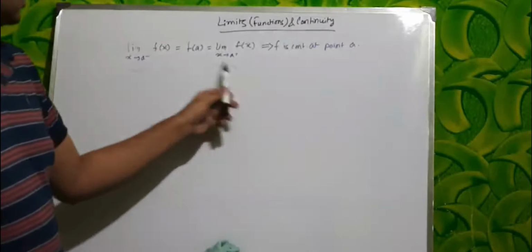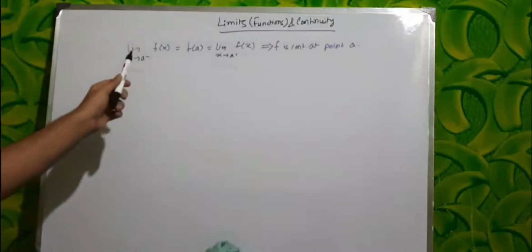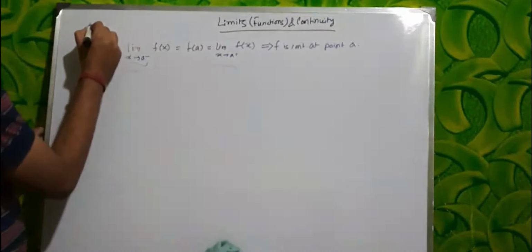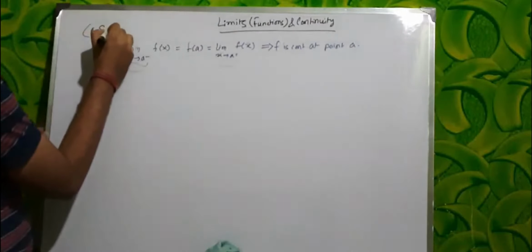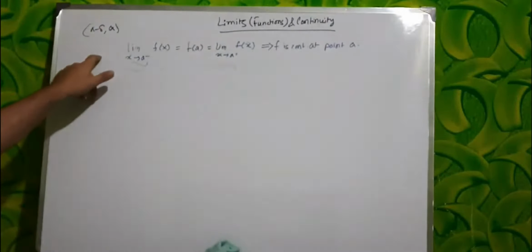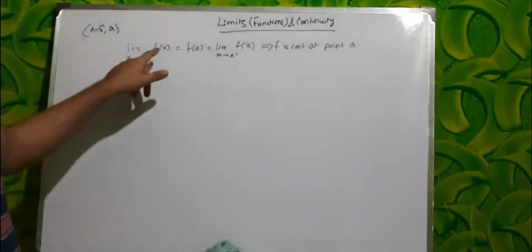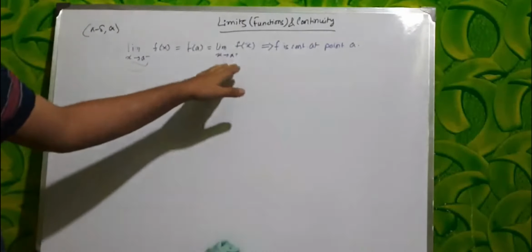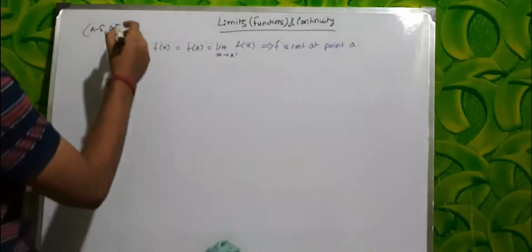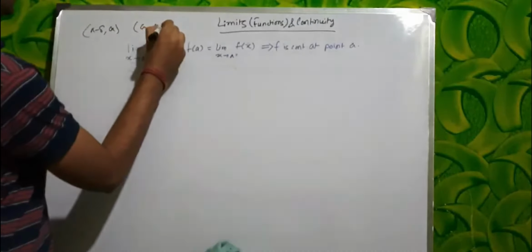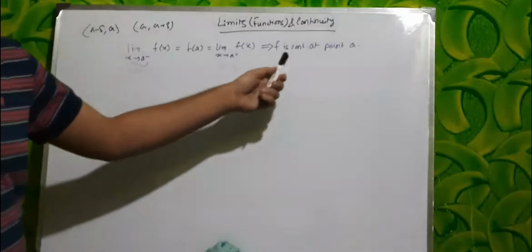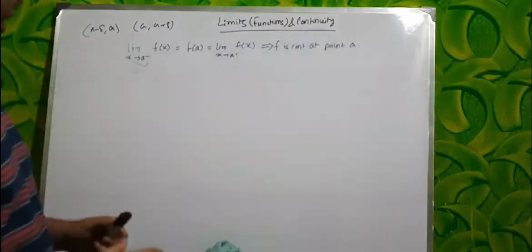We check the limit x tends to a minus, that is, in the interval a minus delta to a. If in this interval the limit as x tends to a of f(x) is equal to f(a), which must also equal the limit as x tends to a in the interval a plus delta of f(x), which is equal to f(a), then we can say that f is continuous at point a.